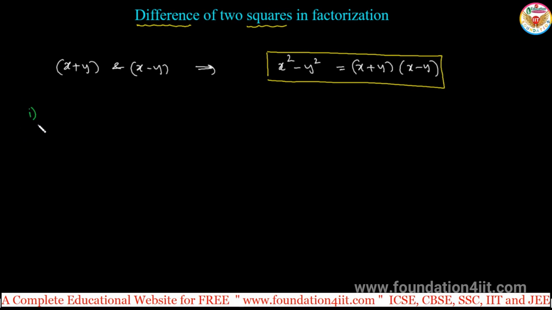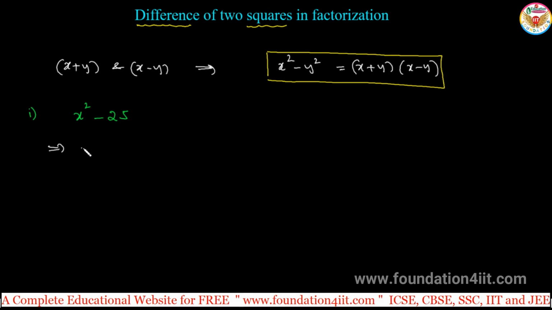For example, factorize x square minus 25. It's only two terms. We have to observe the question: does this difference of two squares exist or not? Now x square minus 25, 25 is also a perfect square, so we can write 5 square. X square minus 5 square.